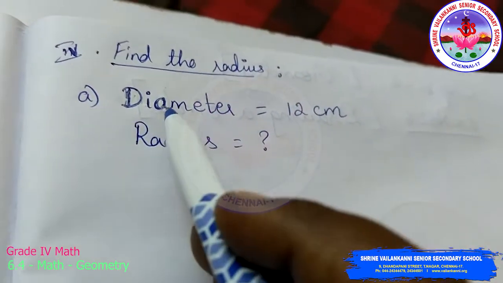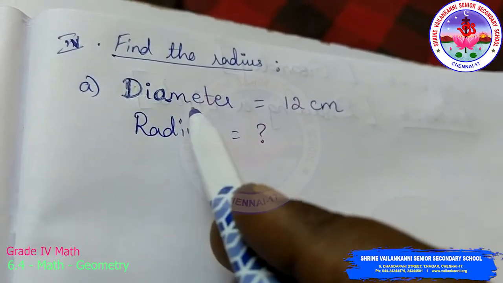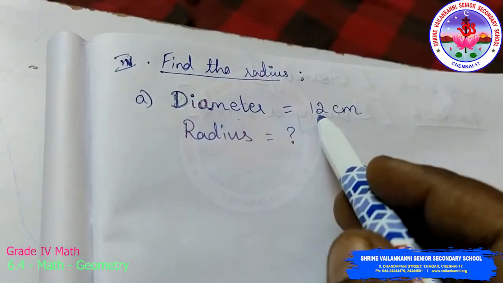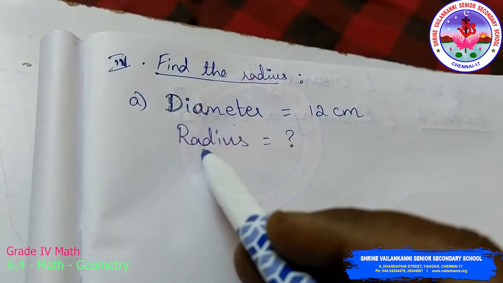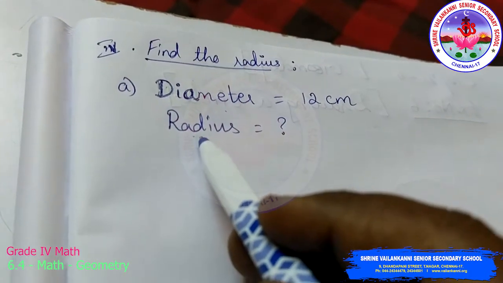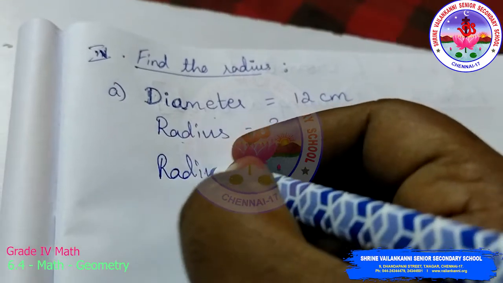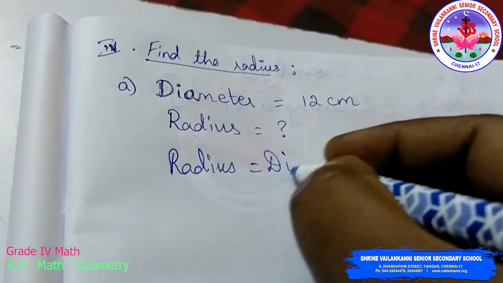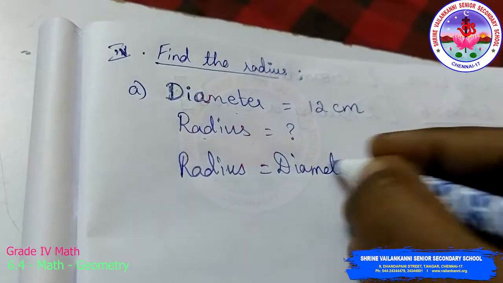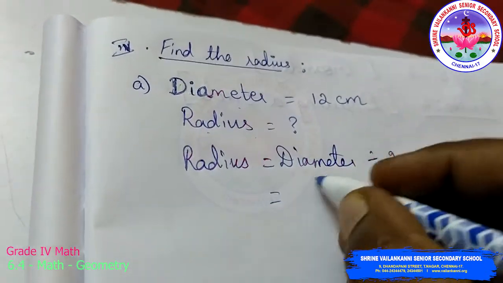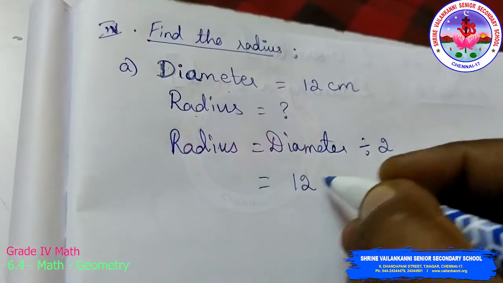Instead of giving the picture, they have given the measurement of the diameter directly. Diameter is equal to 12 centimeters and you have to find the measurement of the radius. What is the formula? Radius is equal to diameter divided by 2. The diameter is 12 centimeters divided by 2.